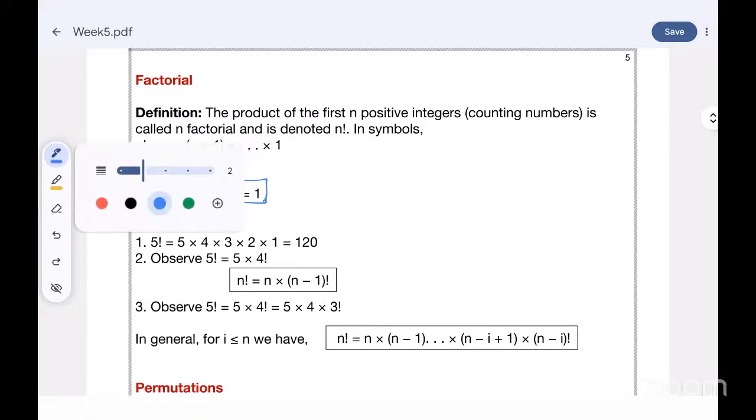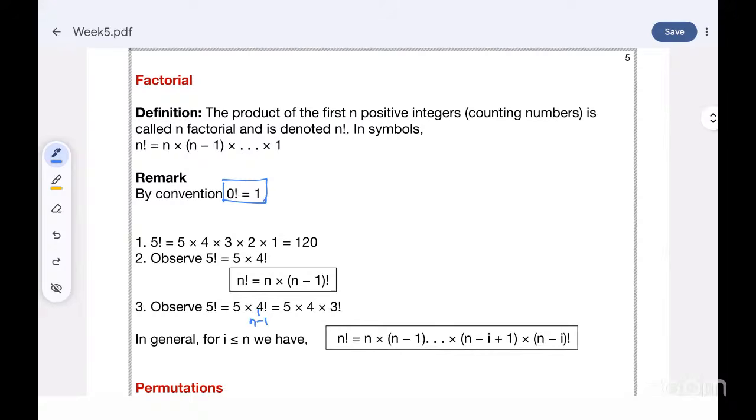So what has happened here? So here you see that this is n minus 1, right? And then here this is n minus 2 factorial, right? So in this case, what is your i? If you compare it with this formula, your i is 2. Yes, 2, ma'am.